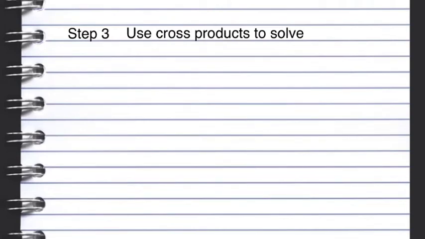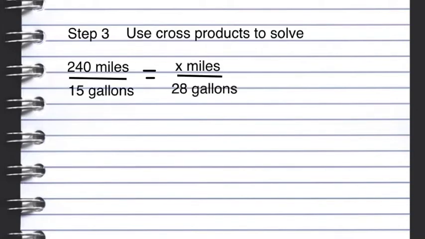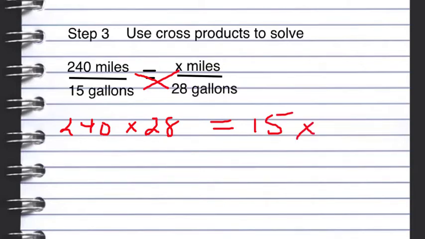Our third step then will be to use cross products to solve the proportion and find out what the unknown is, or how many miles that we've gone. Okay, so now I'm going to multiply 240 times 28, and I'm going to set that equal to 15 times x, or 15x. Well, when I multiply 240 times 28, I get 6,720 equal to 15x.